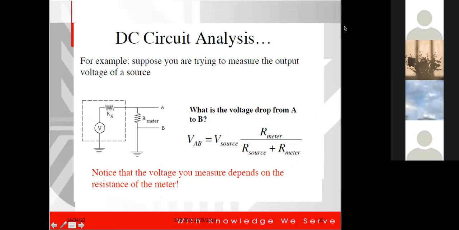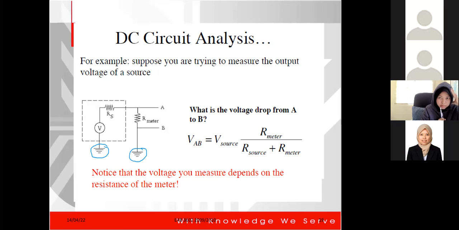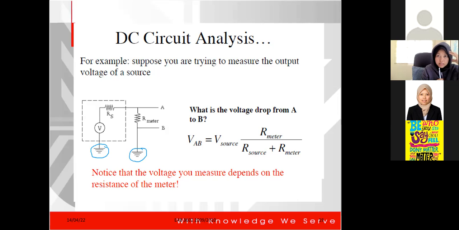Okay, let's see how we calculate this. Actually, let's understand the circuit first. Looking at the circuit, what is this symbol? We didn't discuss it earlier. Does anybody know what this symbol means, the one I circled in blue?